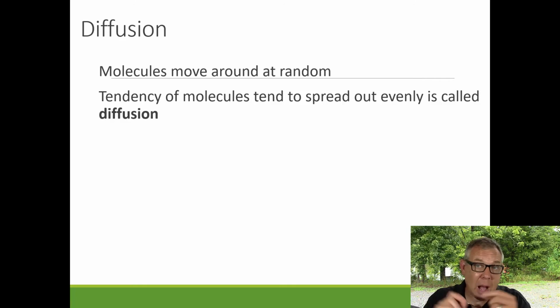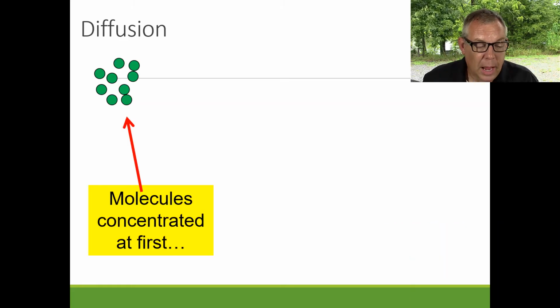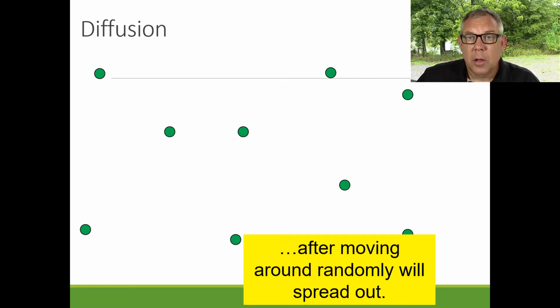That's because every molecule of that food coloring or Kool-Aid is moving at random, which causes them all to spread out evenly, as we saw in the model. At first, the molecules of the solute are concentrated, but if they all move at random, they all spread out evenly. That's diffusion.